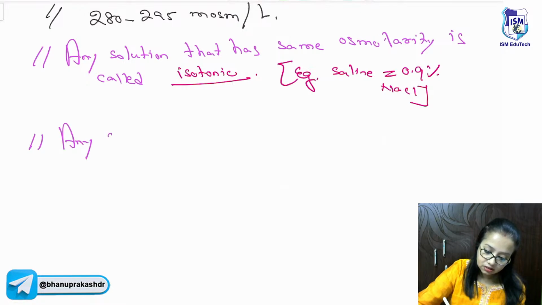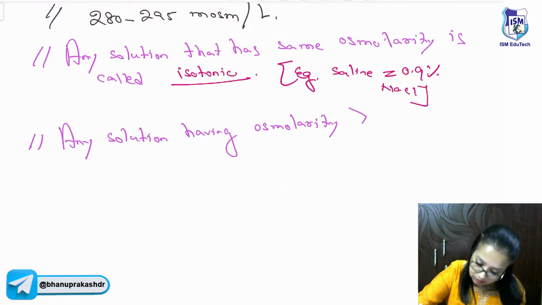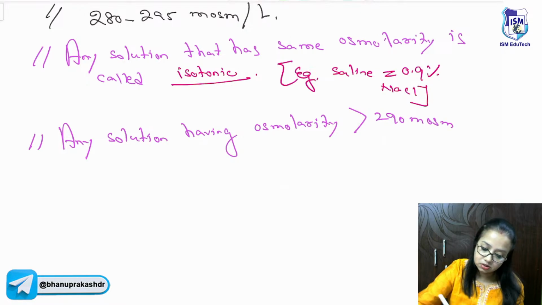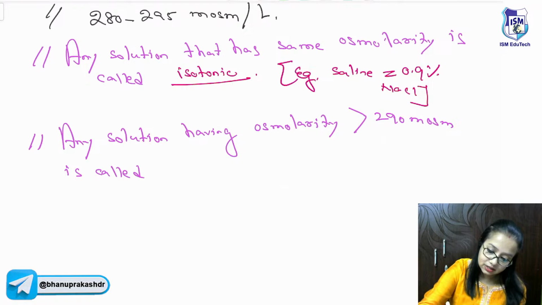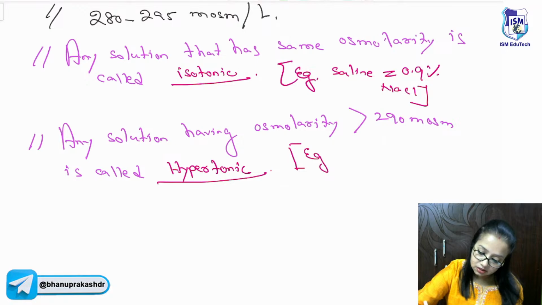Any solution having osmolarity greater than 290 milliosmol is called hypertonic.